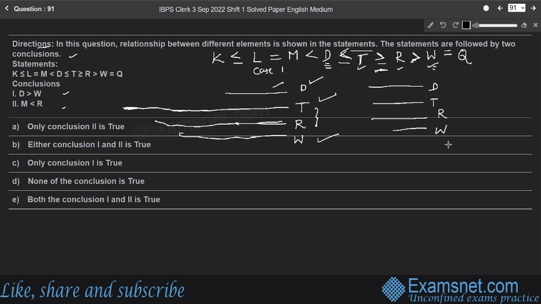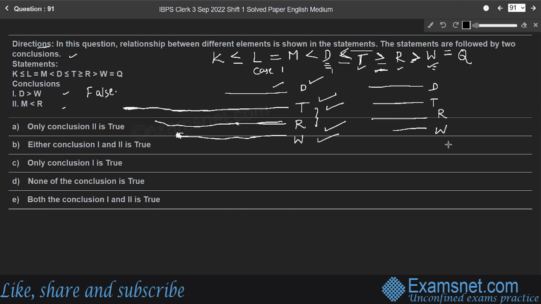If the line T is extended and R and W are also extended under the condition T greater than R and R greater than W, we cannot directly conclude D is greater than W, because the relation between D and W is not given clearly. Therefore, conclusion 1 is false.